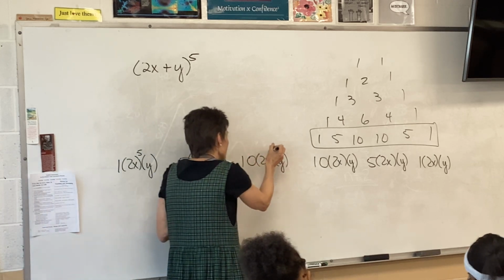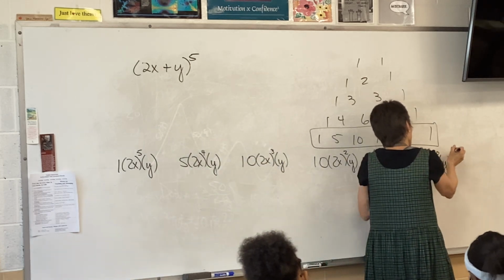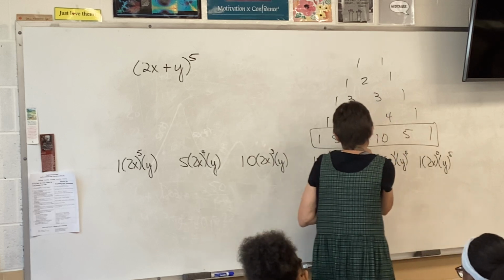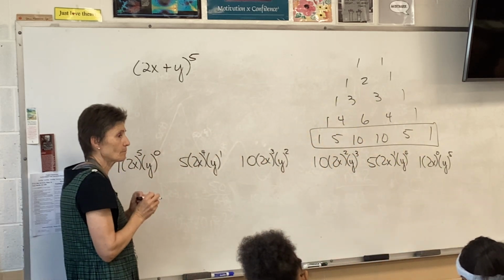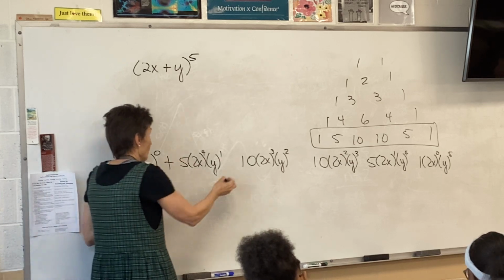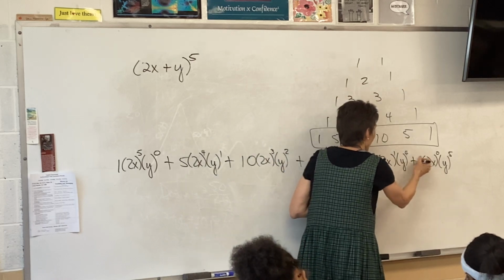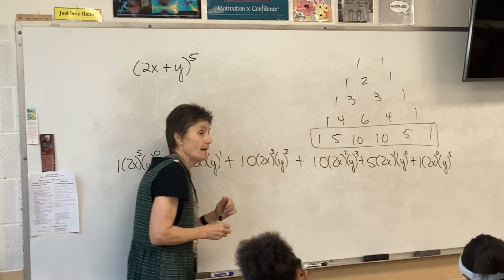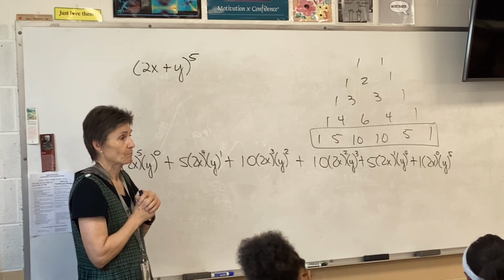They go down. And then the y's do the same thing from the other end. Now, separate your terms. These are individual pieces of the problem. And essentially you're done now, except for the simplify.